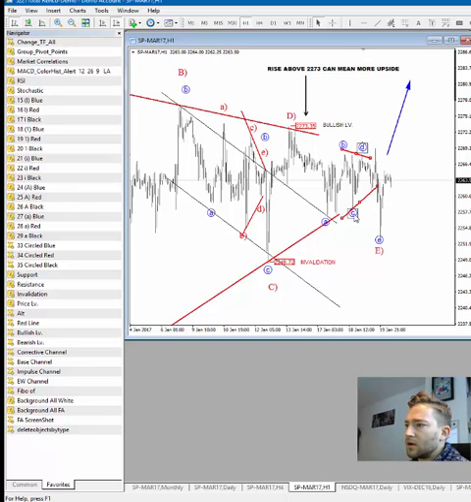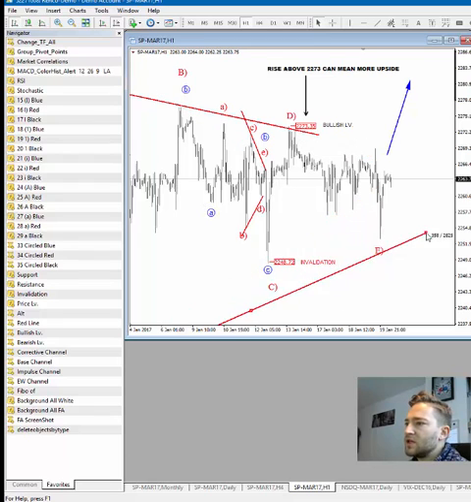So this is an ABCDE decline. Notice that wave E did not move beneath this invalidation level at 2248, actually 2247 maybe. So as long as we are above this wave C swing low, we are looking to the upside.